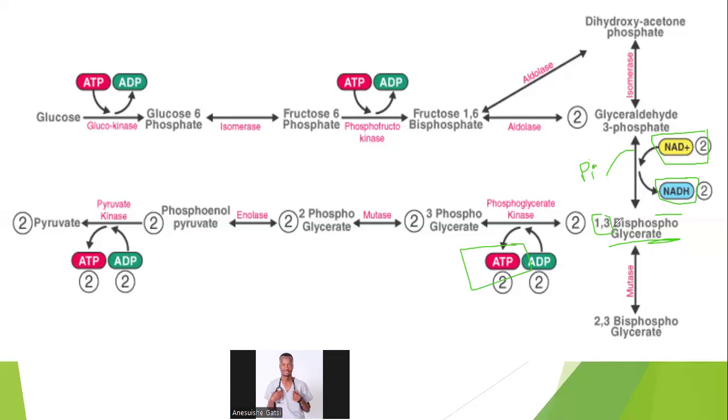So you have two molecules of 1,3-bisphosphoglycerate. Then you have a kinase enzyme that's removing, firstly, the first phosphate on the first carbohydrate moiety, and that phosphate will go onto the ADPs, then you make ATP. So you'll be left with 3-phosphoglycerate. Right?